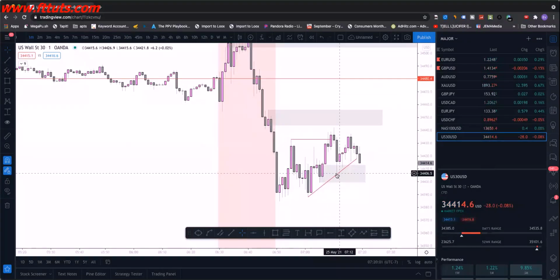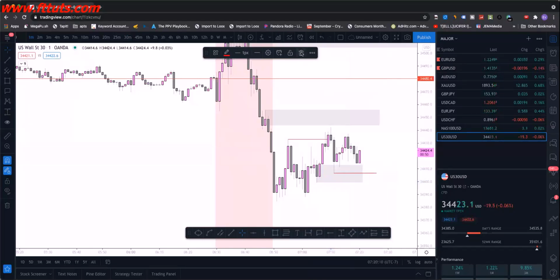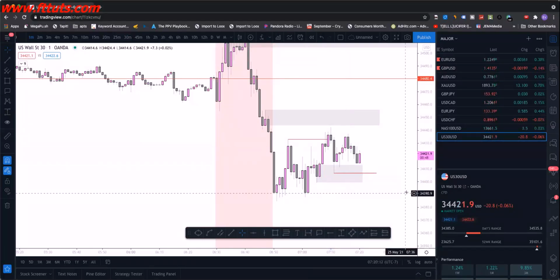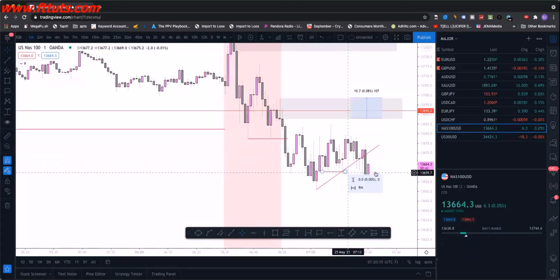Okay, we need to see a close below this line to take a sell. Okay, so this closed above, and I'll take a sell from there.